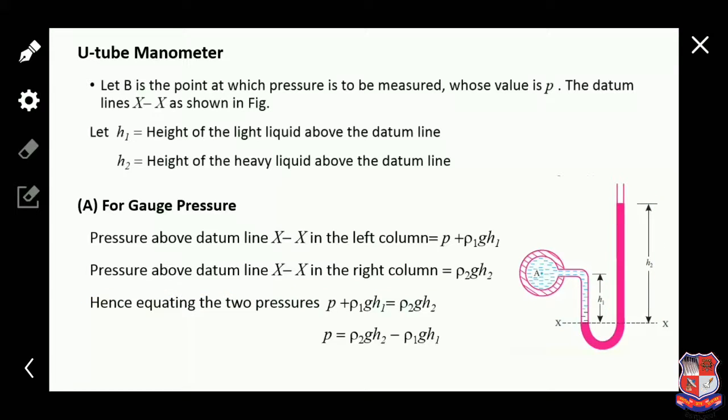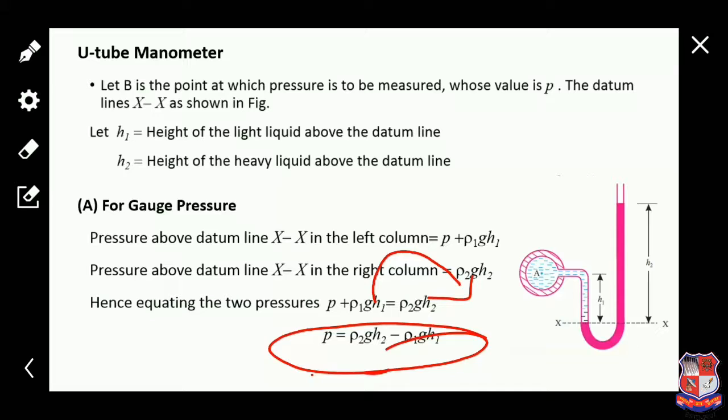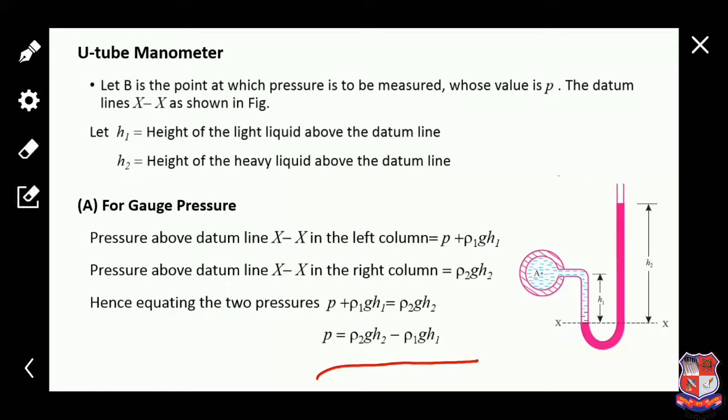Comparing both sides, P plus rho 1 g h1 is equal to rho 2 g h2. Now to find the pressure P, rho 1 g h1 is moved to the right side, so P is equal to rho 2 g h2 minus rho 1 g h1. This is the equation to find the pressure through the simple U-tube manometer in the case of gauge pressure.